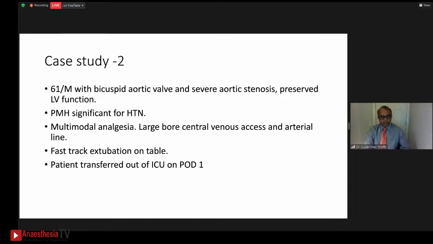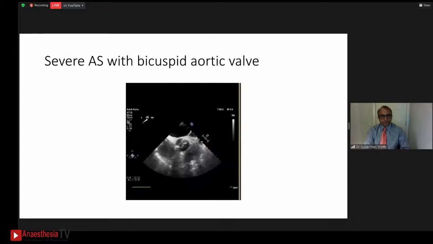We usually place a Swan-Ganz catheter on pretty much all our patients because our ICU nurses are really used to managing patients with Swan-Ganzes, because we are big on heart failure and transplants in our institution. We chose not to do that in this particular patient. The patient did great, extubated on table, transferred out of the ICU on post-op day 1 with minimal pain.